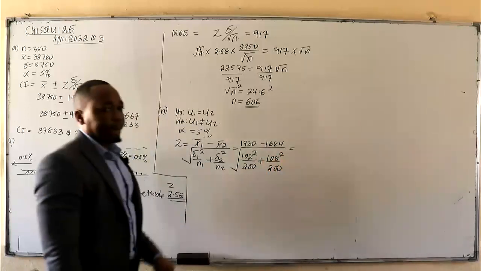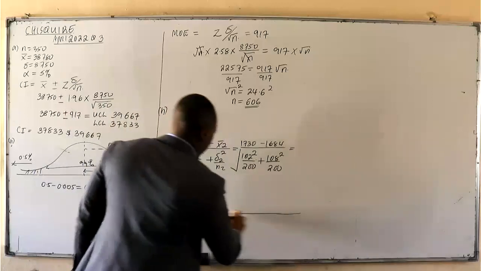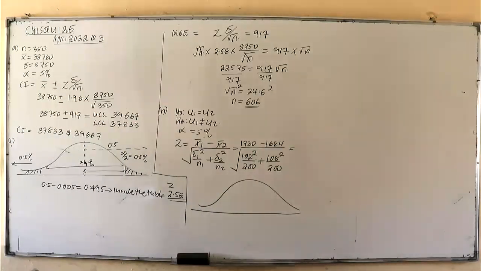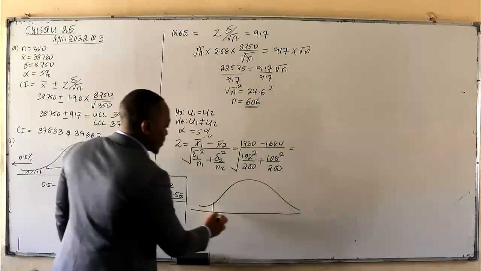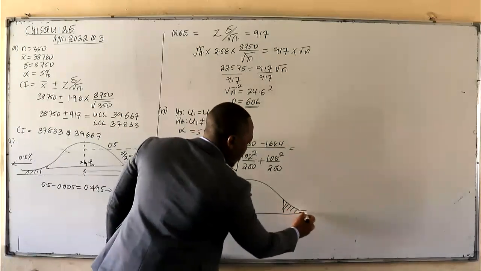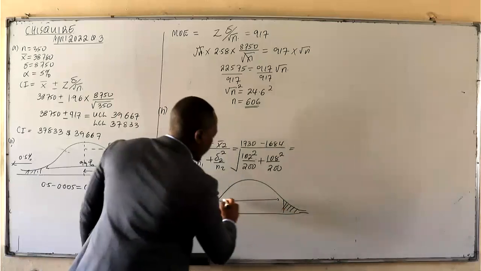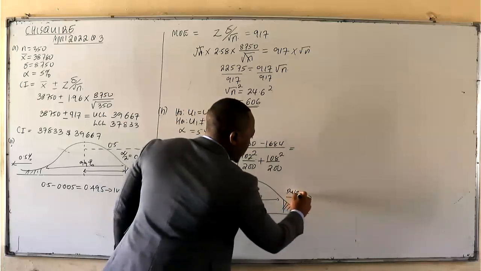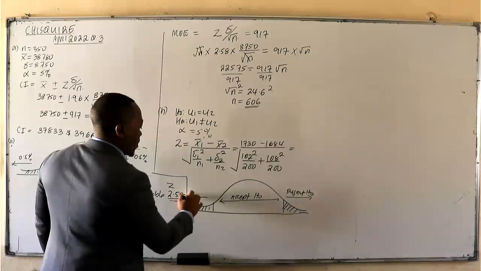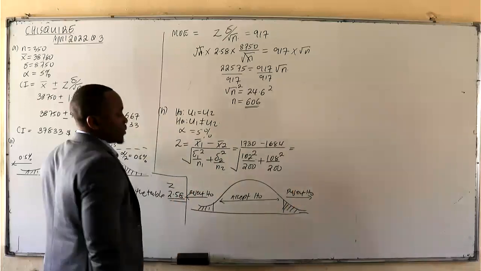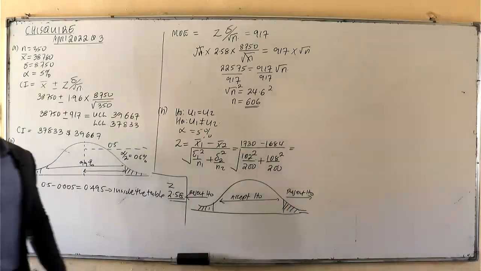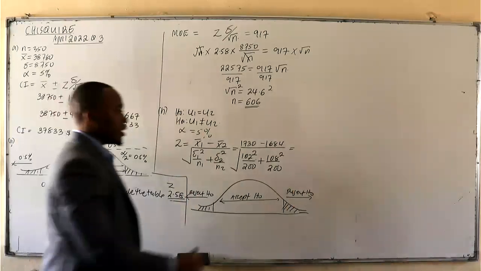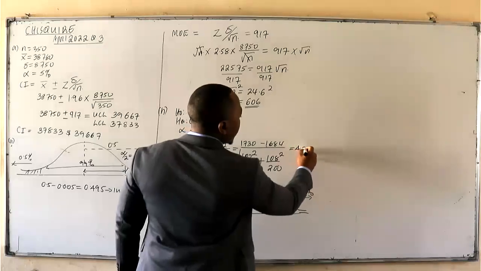Give me that. What are you getting? 4.38.